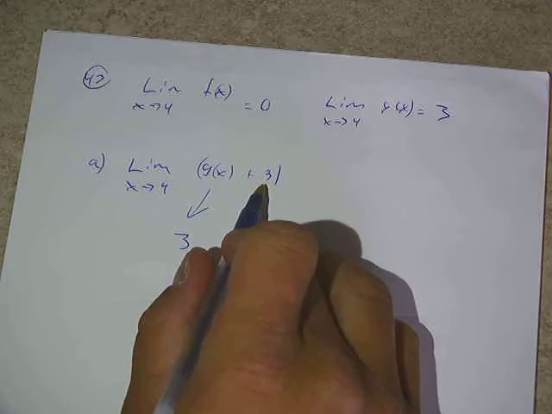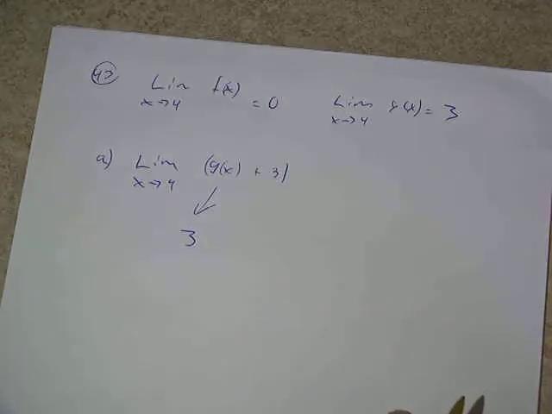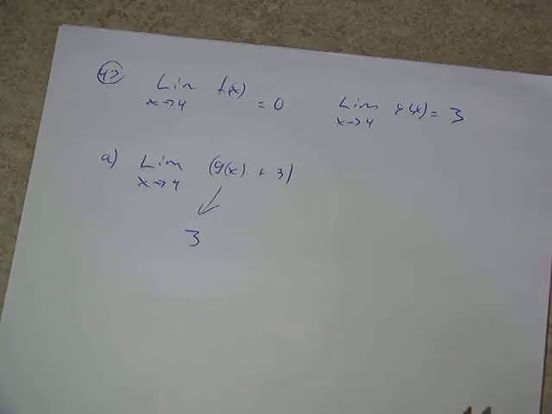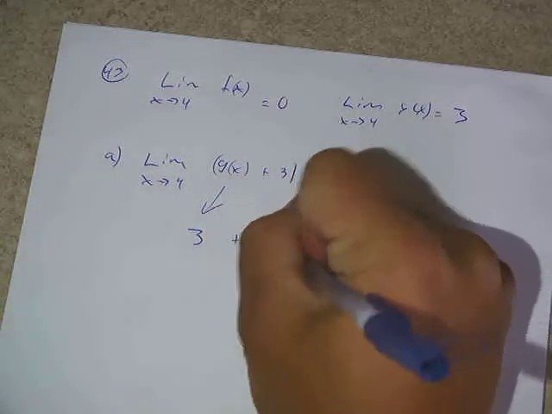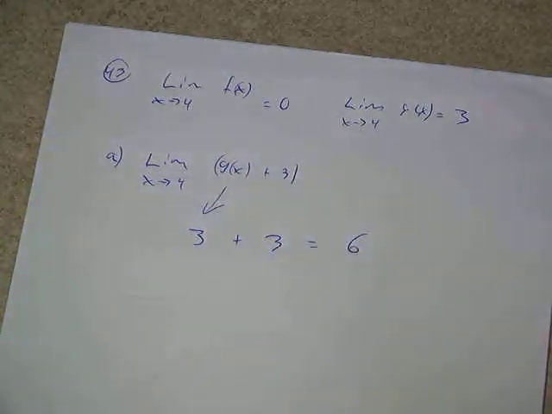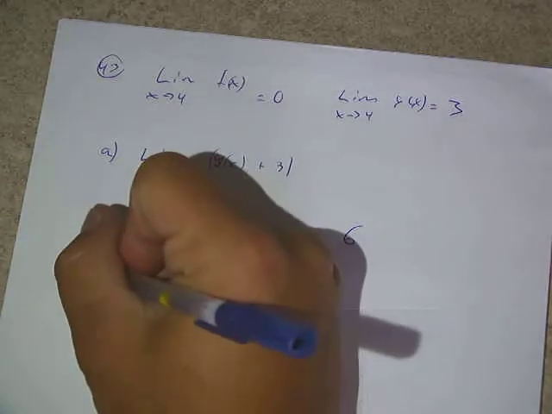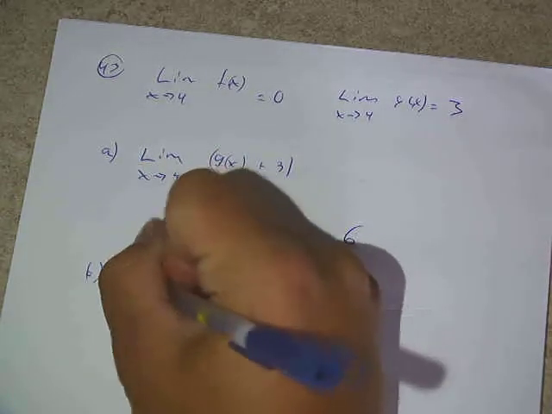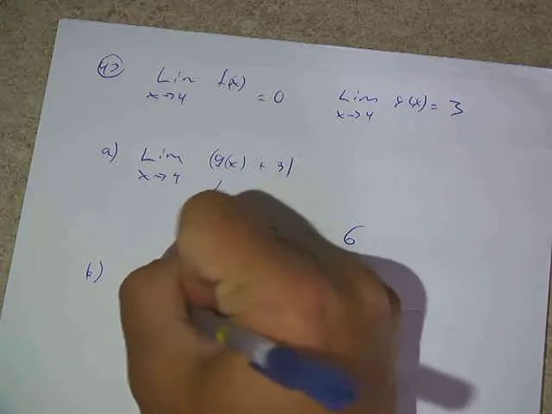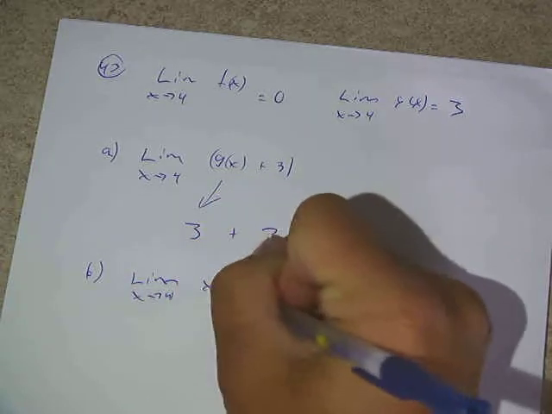So what do we know about the limit as x approaches 4 of g of x? This part right here would give us 3. That was given. And then the limit of any constant: constant functions are horizontal lines, their y values don't change, so it's still 3, and therefore our answer for that one would be 6.